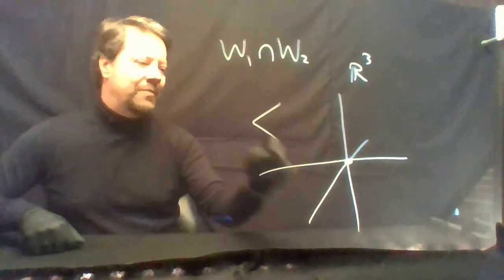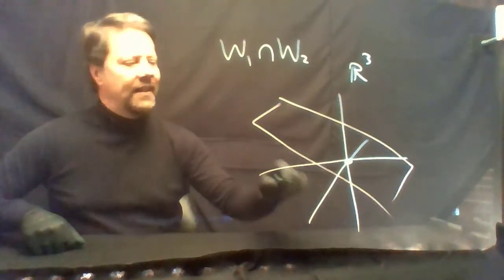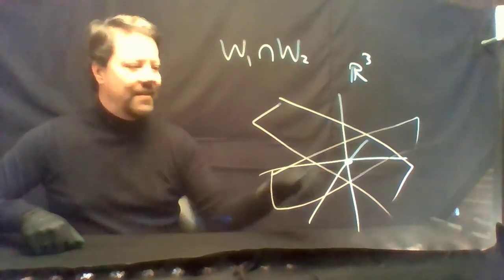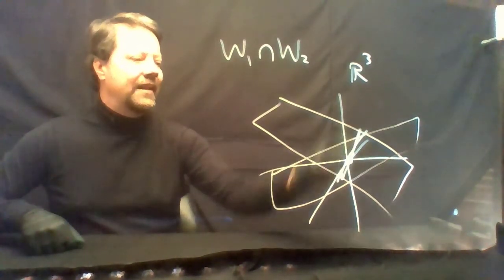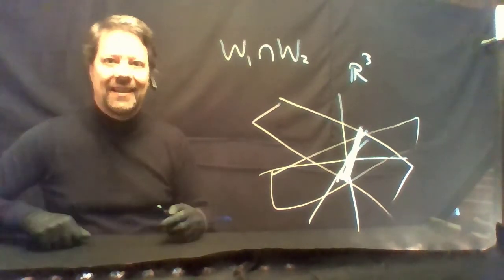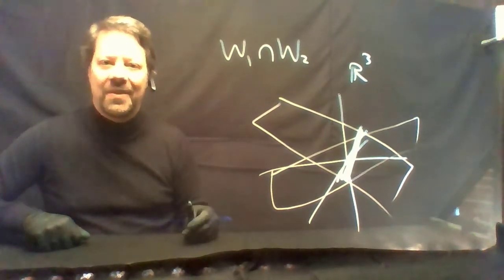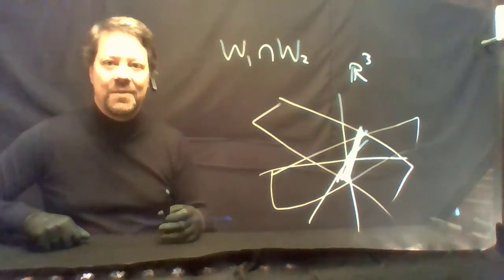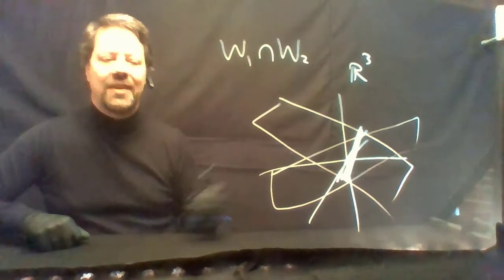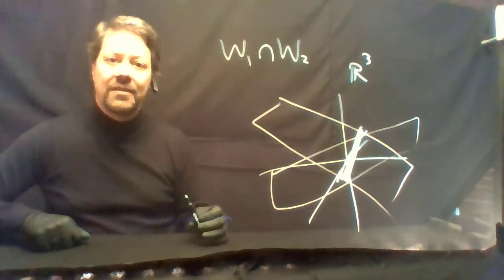Suppose I have a plane passing through the origin, and maybe another plane passing through the origin. These will intersect on a straight line. Planes intersect on a line. A line through the origin is a one-dimensional subspace. So even here in R3, it looks like the intersections of subspaces will yield subspaces.